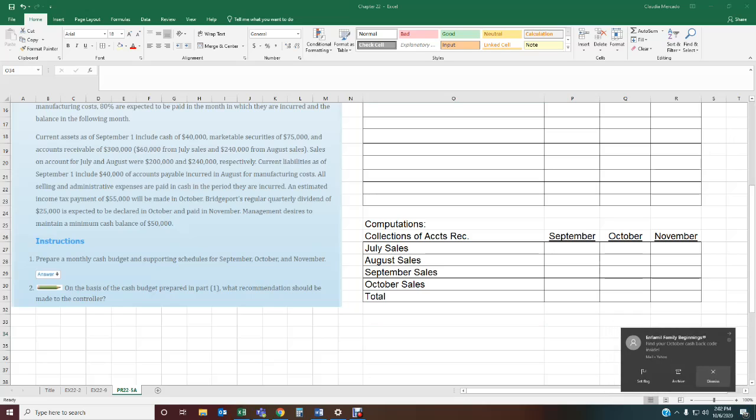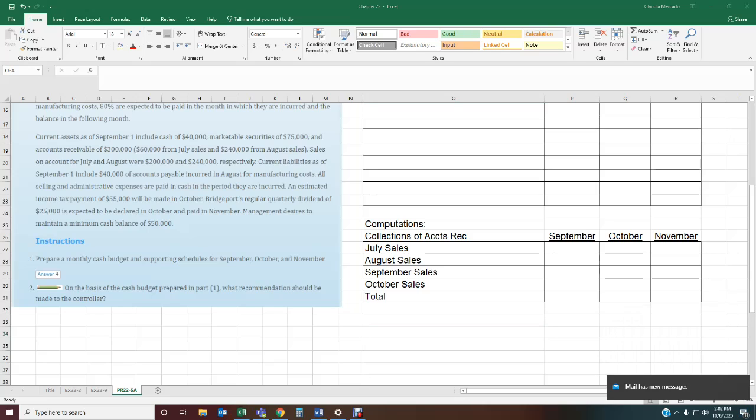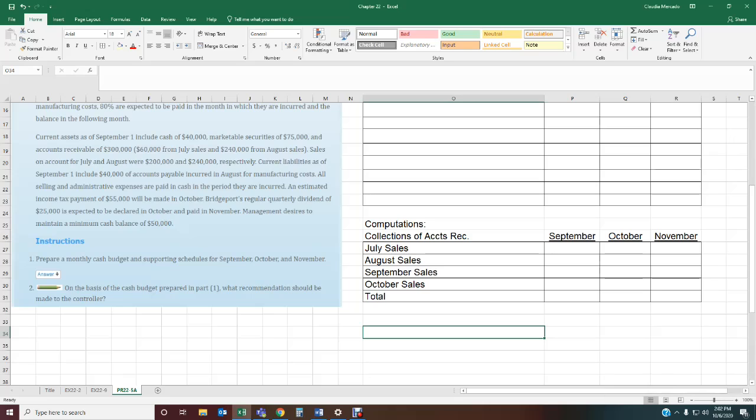I don't know why I'm getting all of these pop-ups down here. So this is the information, and we need to do some calculations. First thing we're going to do is, when are we anticipating collecting for those July sales? We had 200,000 of sales in July. Let's start right here, and I'm going to break it down for you.